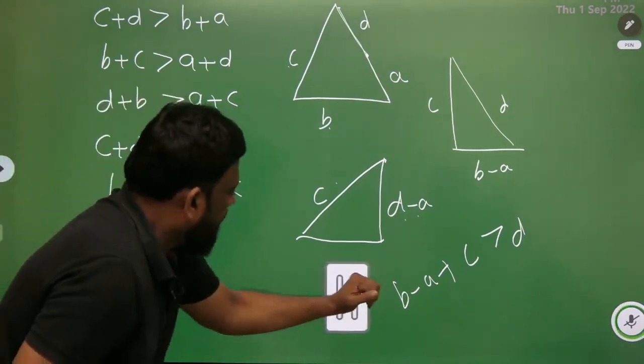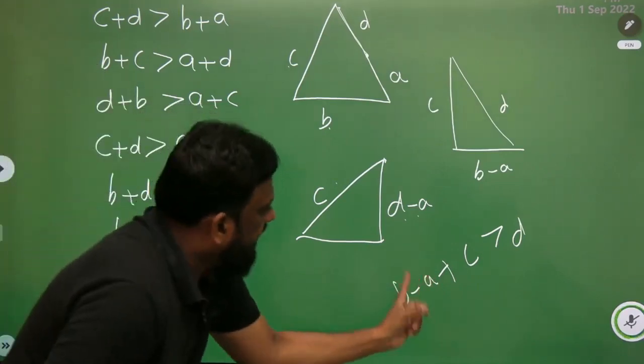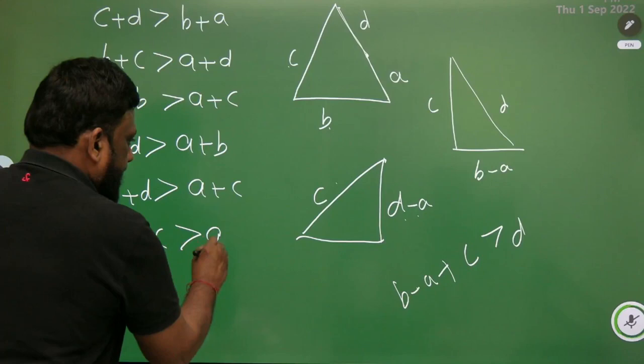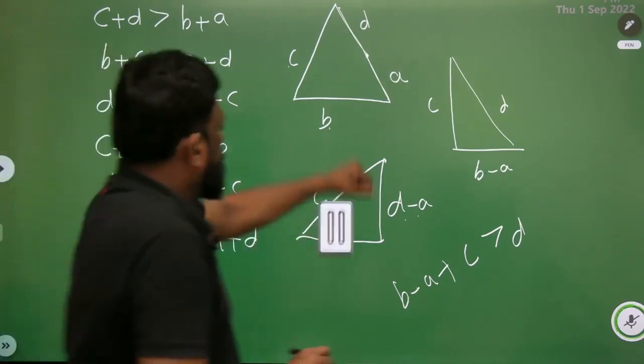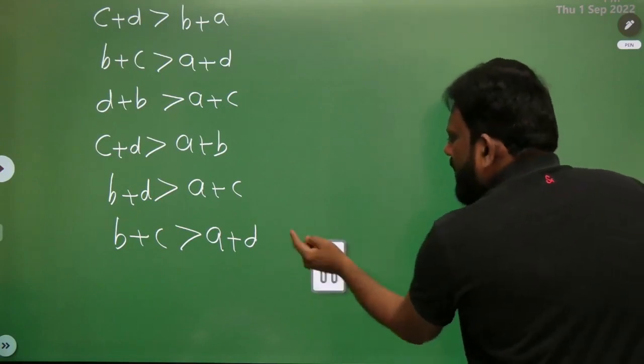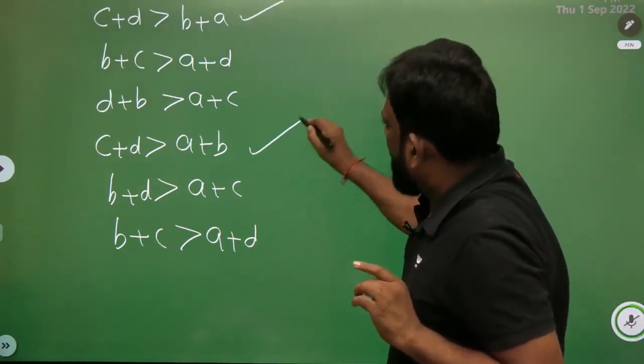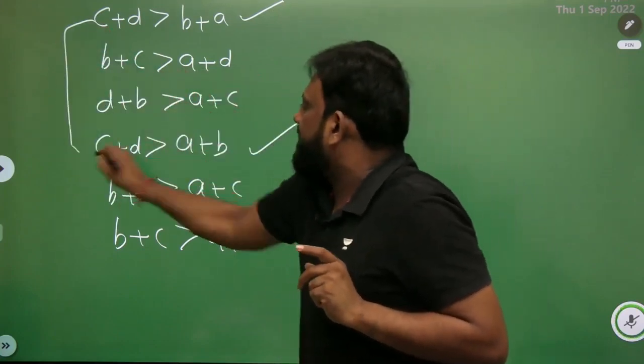And this is also done. Now let's take this: B plus C, taking A to that side, is greater than A plus D. Now observe, let us see some distinct conditions. There are some same conditions. Look, C plus D is greater than A plus B. Are these two same? Yes, they are the same.